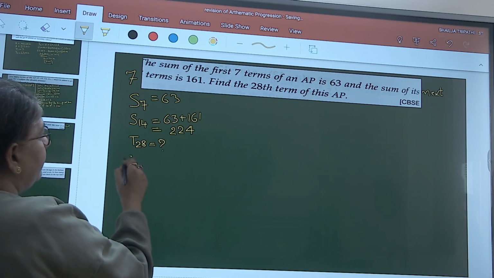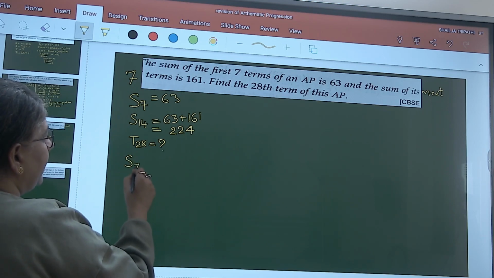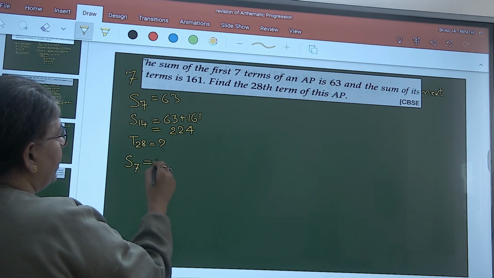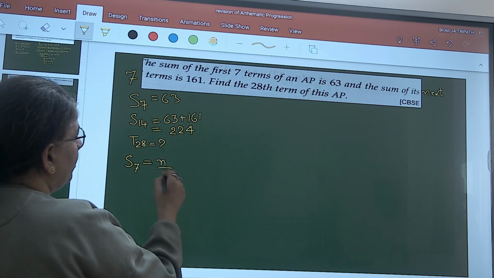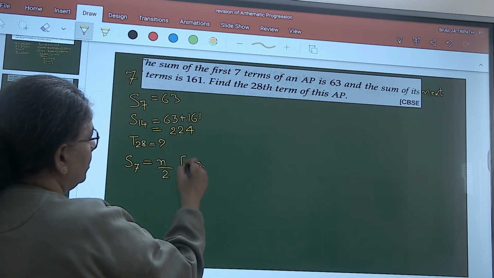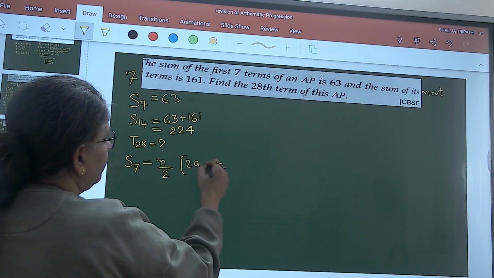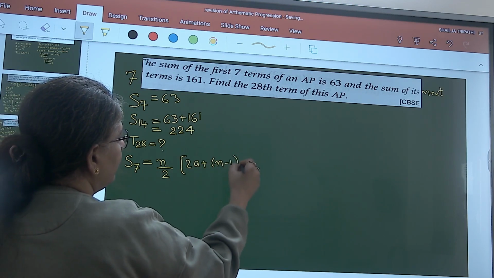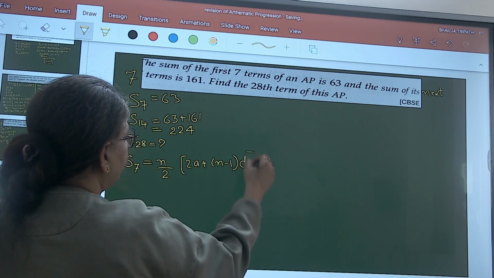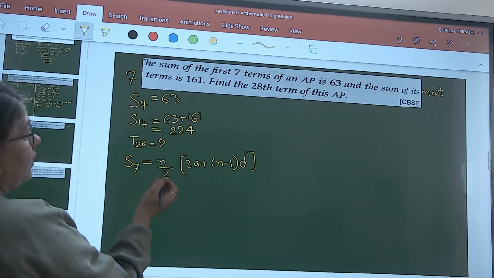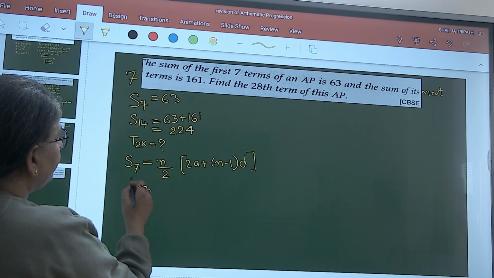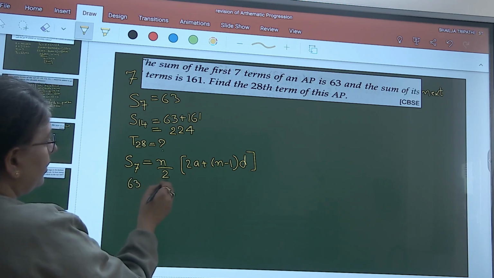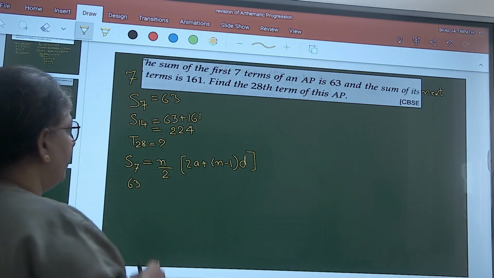S7, that is 63, can be written as n upon 2 into 2a plus n minus 1 d. So let's put the values. 63, this 2 can be multiplied by 63.